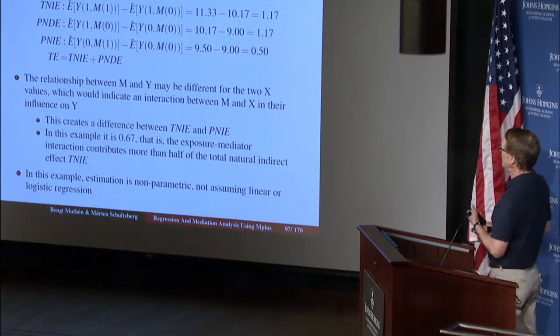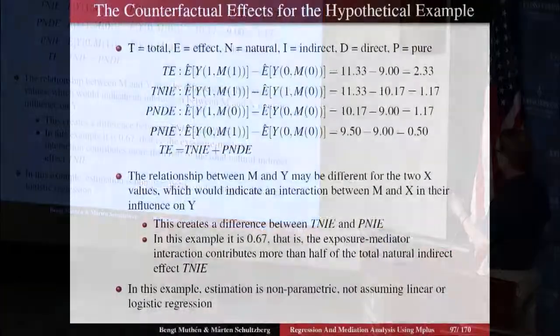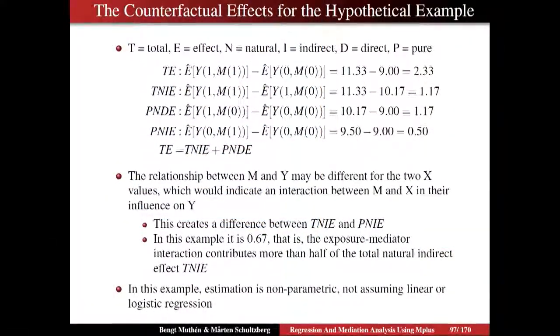Here are the counterfactually defined effects for this hypothetical example. And here's the definition of the acronyms: T total, E effect, N natural, I indirect, D direct, P pure. Different authors have different versions of this, but this covers it pretty well. So what is the indirect effect?